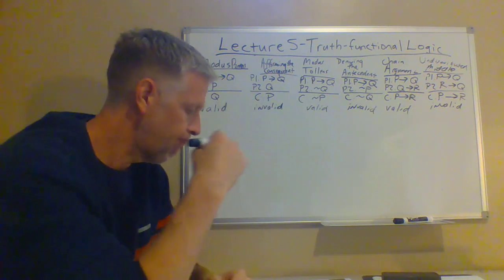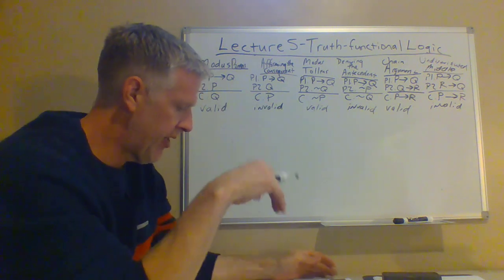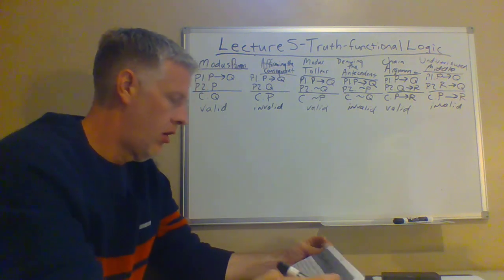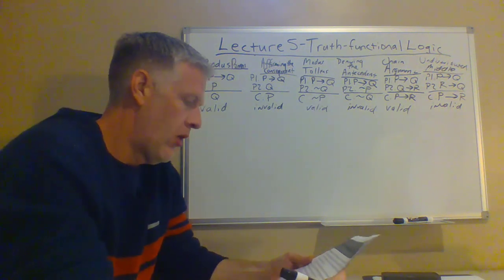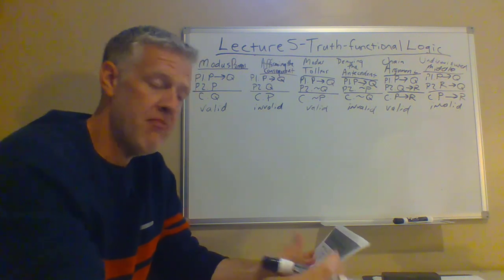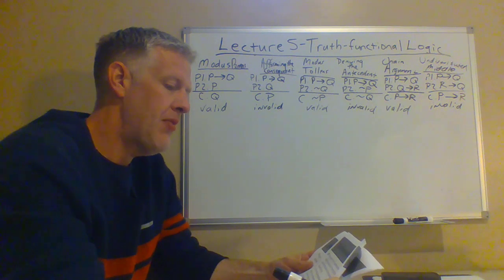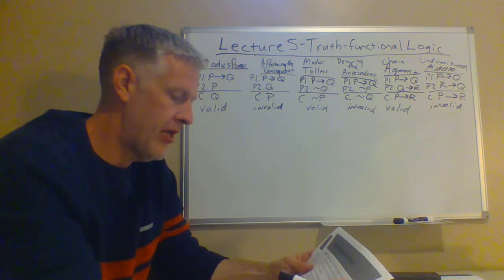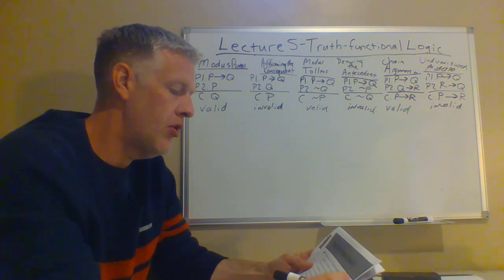Okay, so as they say on the top of slide 20, quote, we present all the possible circumstances for an argument by building a truth table for it. Then we simply look to see if there are any circumstances in which the premises are all true and the conclusion false.